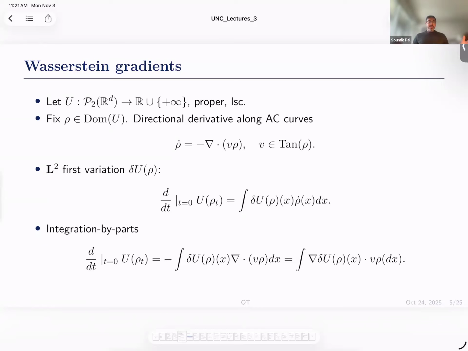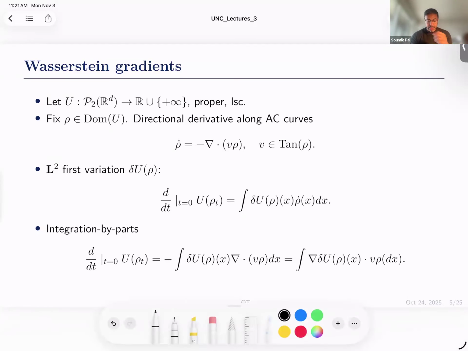I have to define directional derivatives, and the way to do that is to define smooth curves passing through a point rho. So what is a point? This is a probability measure rho, and I have to take a curve that is passing through it.